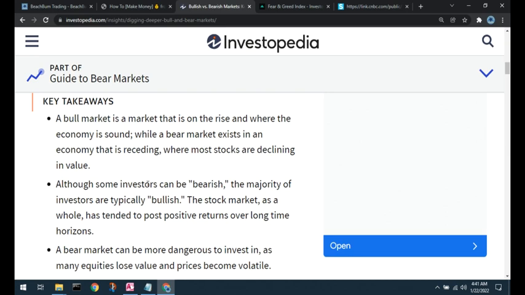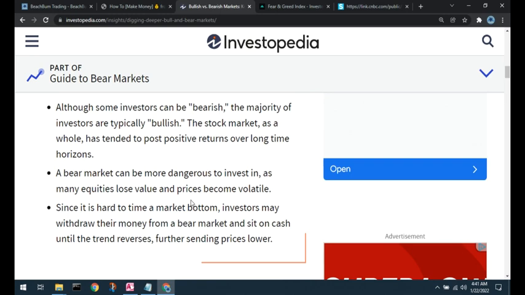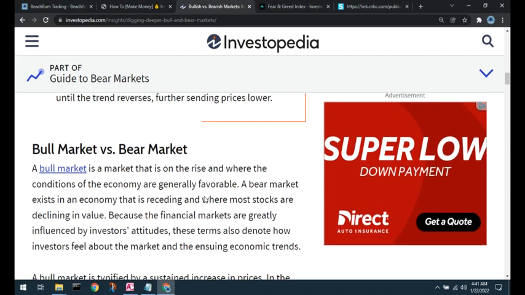You hear the terms bearish and bullish, so here's how those are defined. And you can see, a bear market could be more dangerous because of decreasing prices and volatility. We've certainly seen increasing volatility this week, and we've seen steadily decreasing prices this week, and we've seen a significant reduction in the indices.